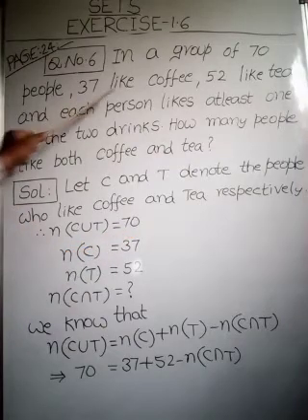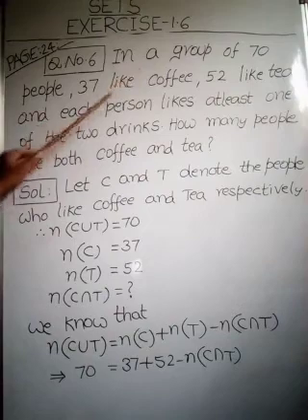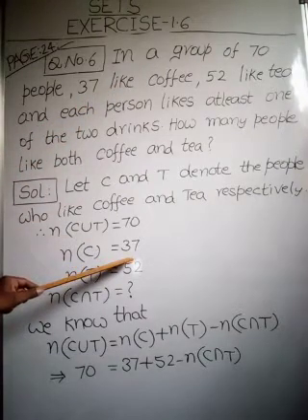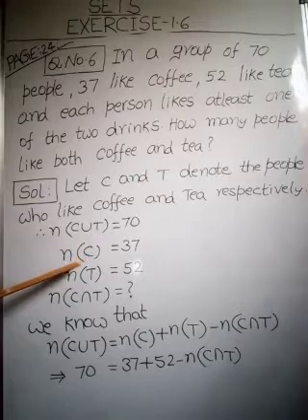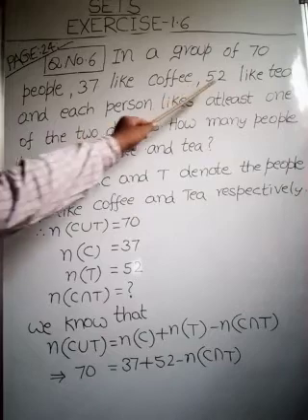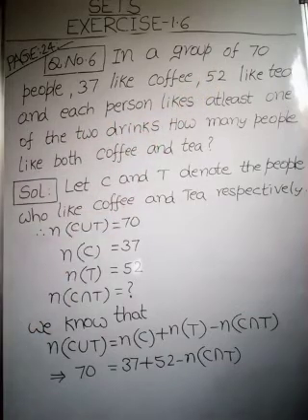How many people like coffee? 37. So N of C is equal to 37, the number of people who like coffee. Now how many people like tea? 52 people like tea.